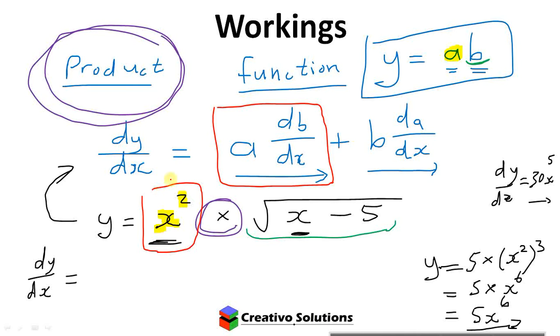Okay, so I write down the a. What was my a? X squared. Okay, then they say db over dx. That means I must derive the b. So what is the b? Here's the b. There it is. Okay, the square root of x minus 5.